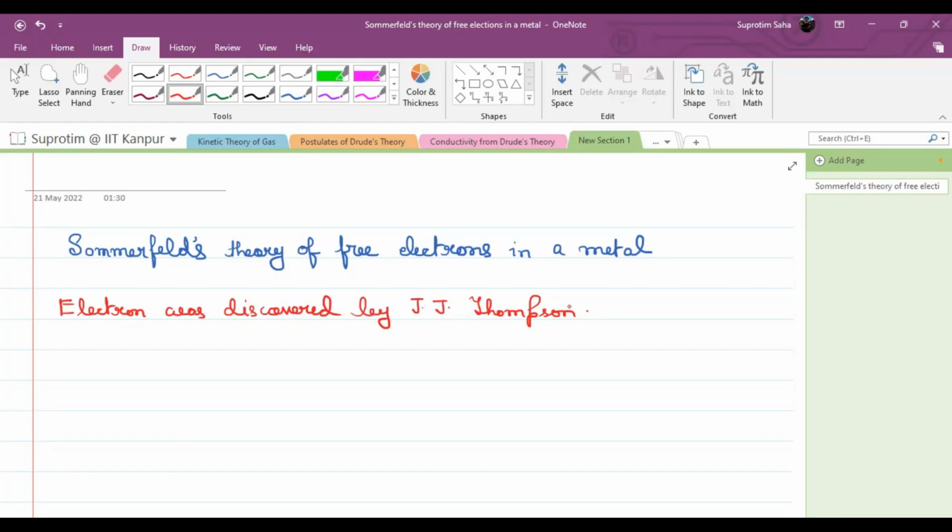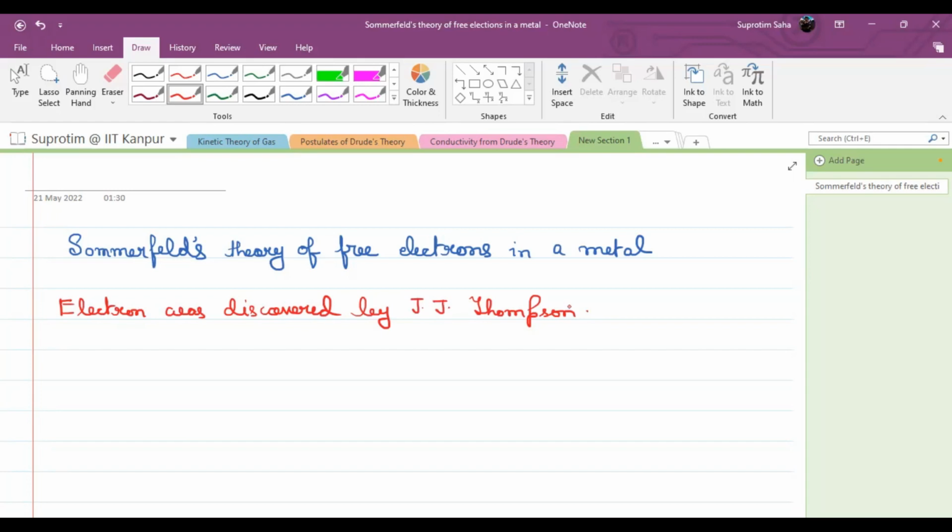They do not act like hard, billiard-ball-like spheres. People realized that it was quantum in nature. The electron is a quantum mechanical particle. So Sommerfeld came up with the theory that the electrons in a metal or a solid needed to be treated quantum mechanically, and it is known as Sommerfeld's theory of free electrons.